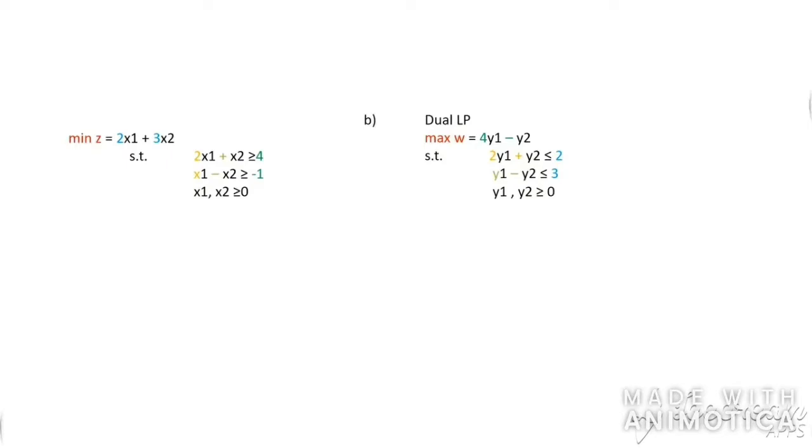For the dual LP problem, before we change it to standard form, we convert the LP problem to the dual LP. We will have maximize W for y1 minus y2, and the constraints are 2y1 plus y2 less or equal to 2, y1 minus y2 less or equal to 3, y1, y2 more or equal to 0.